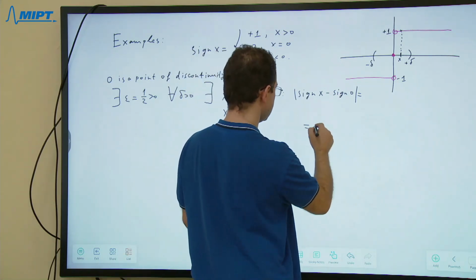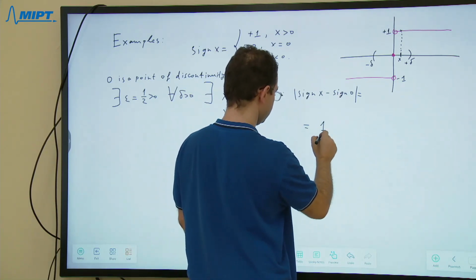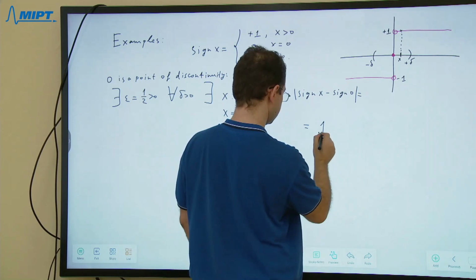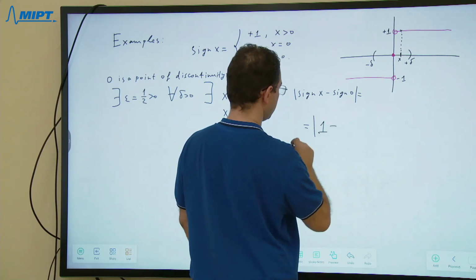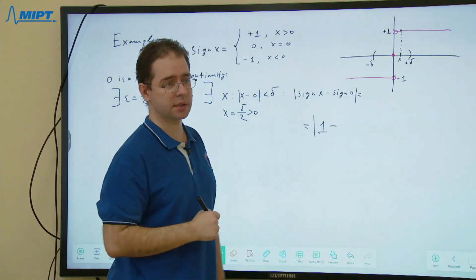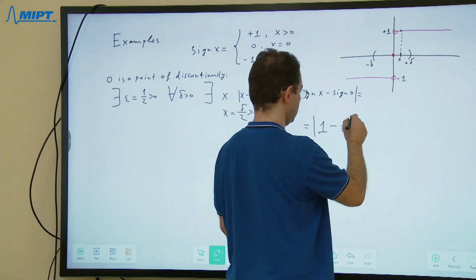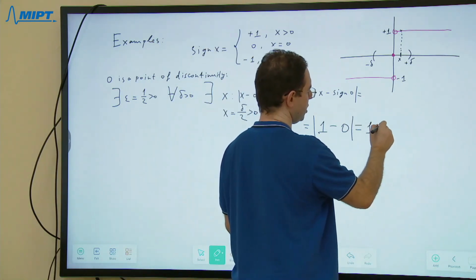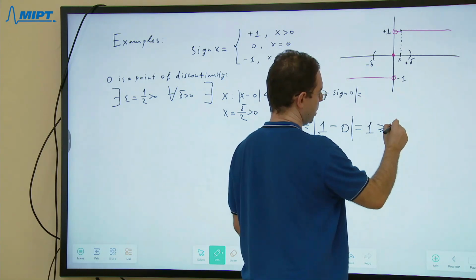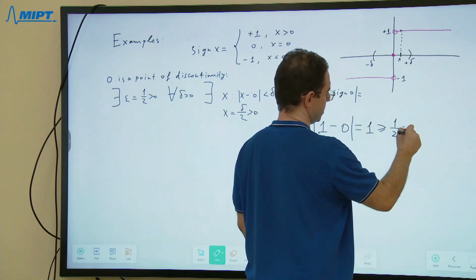So sin x equals just +1, minus sin 0, by definition 0, which is 1, which is greater or equal than 1/2, which is epsilon.